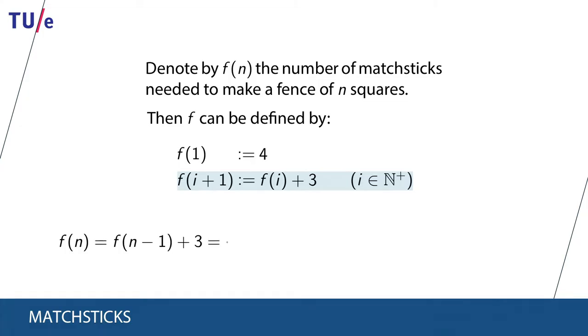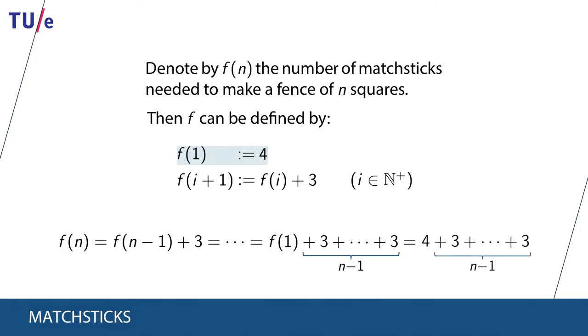We can first repeatedly apply the second clause of the definition until we get an expression that starts with f of 1. Since we have stepped down n minus 1 times in this calculation, when pushing f of n down to f of 1, 3 is added n minus 1 times. And then we can apply the first clause of the definition.